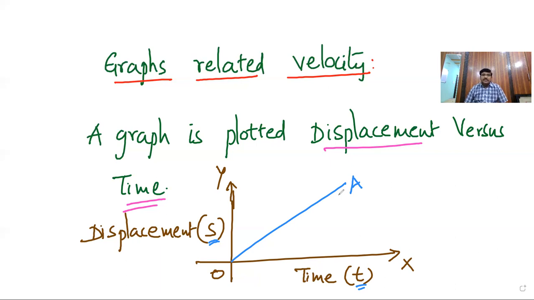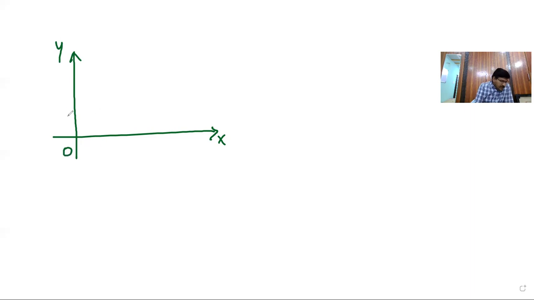Is it clear? Okay. Now, observe carefully. Here I am showing. This is the x-axis, this is the y-axis, this is the origin. This is displacement, this is time t. Let us say I have plotted the OA line.